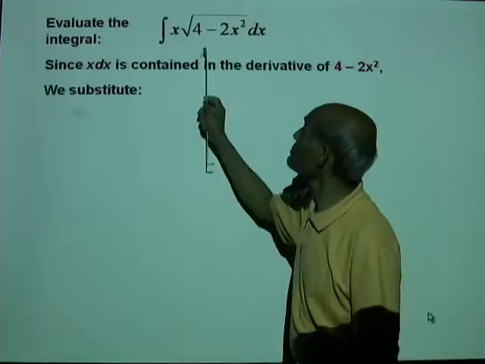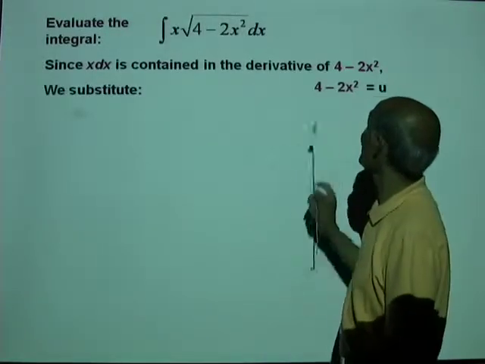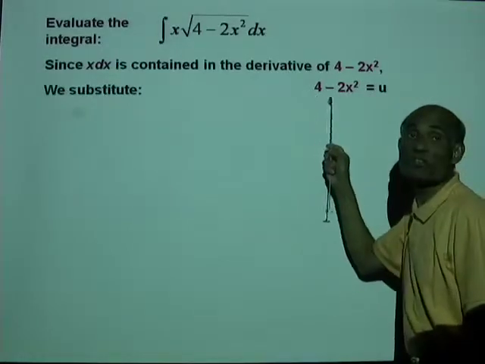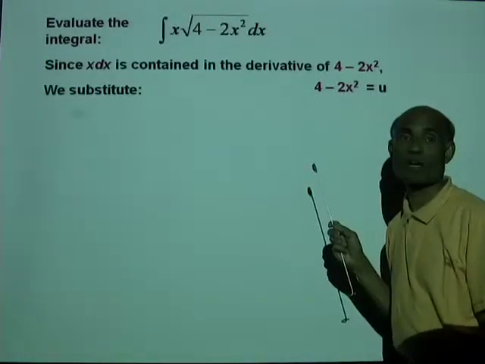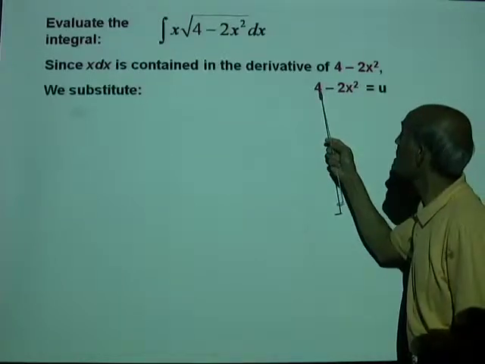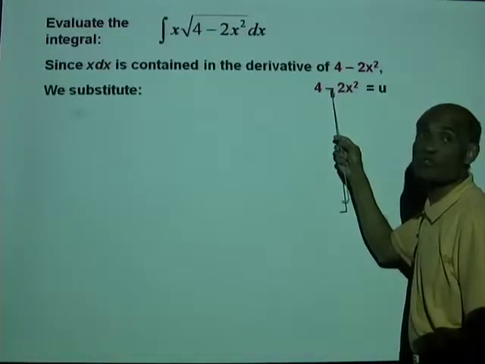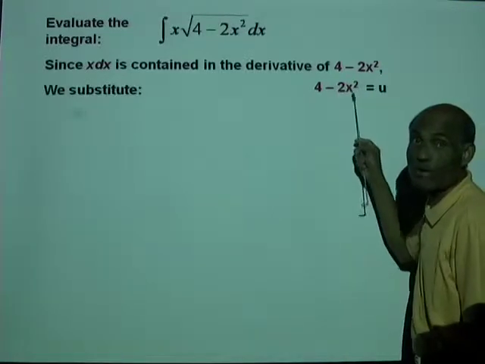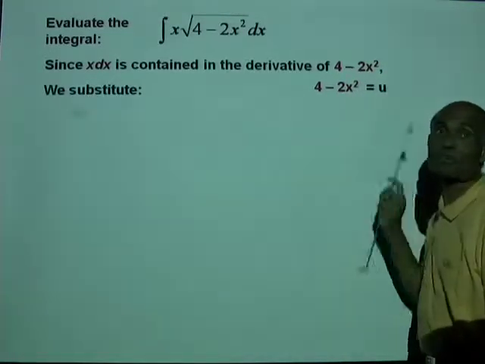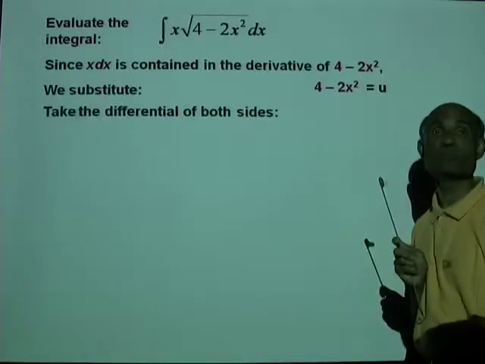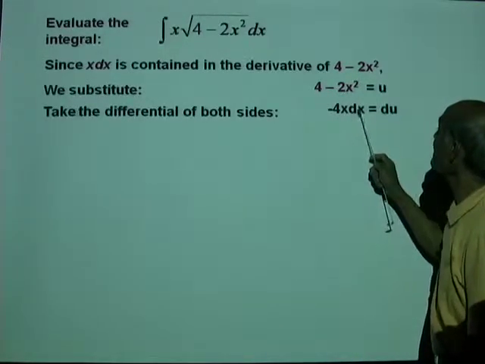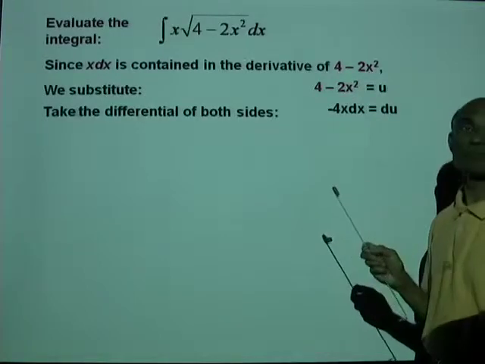Alright, so we substitute 4 minus 2x squared equal to u. Take the differential of the left hand side. Differential of 4 is 0. Minus differential of 2x squared is 4x dx. And the differential of u is du. So that gives me negative 4x dx equal to du.